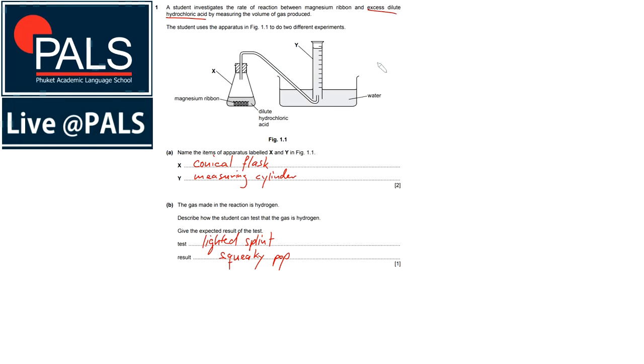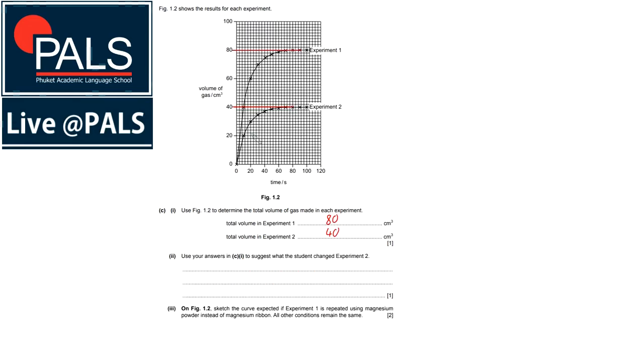Since the acid is in excess, we have to change something about the magnesium ribbon, since that is what's completely reacting. And we can see that in experiment 2, half the volume of hydrogen gas is produced than in the first experiment, and therefore the student has probably halved the mass of magnesium that is reacted in this experiment.